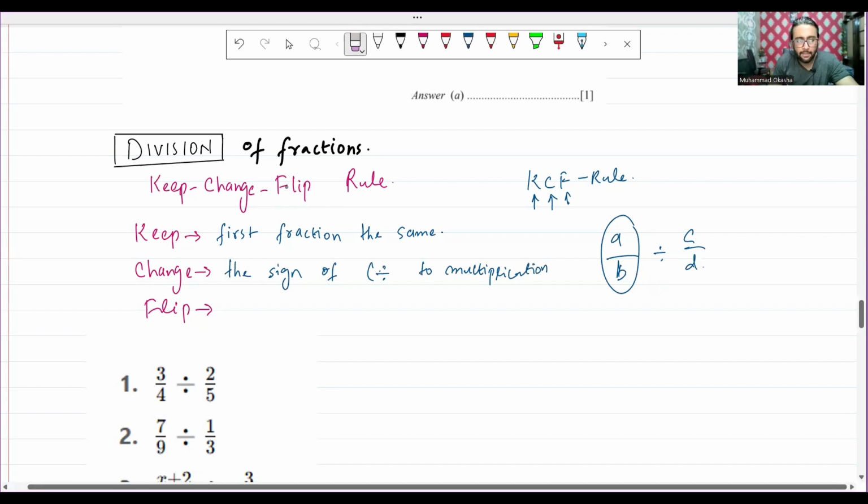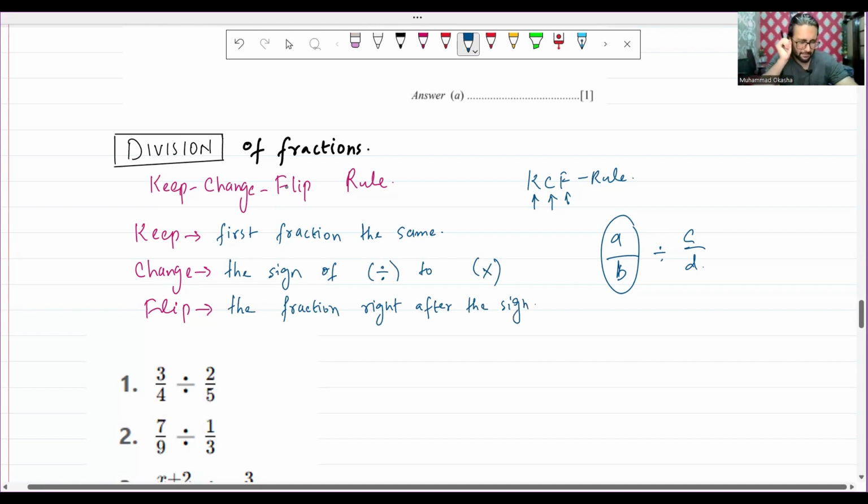The division sign, the Ed Sheeran sign, if you remember. I think this is the Ed Sheeran sign, if I'm not wrong. And to multiplication. And the third thing to do is flip the fraction right after the sign. These are the rules.